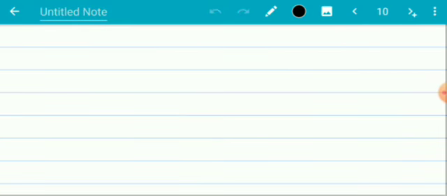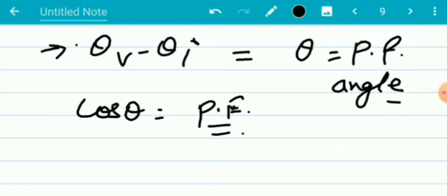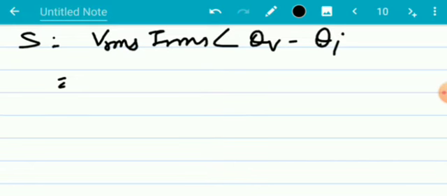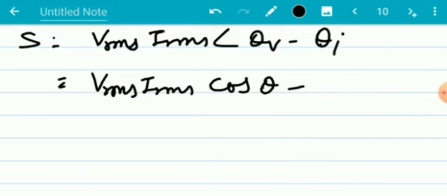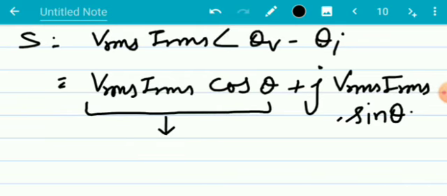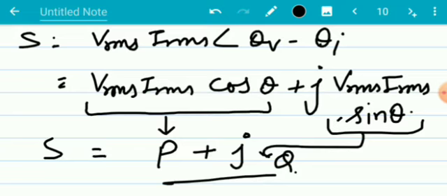Now we will come back to this equation which we wrote here about complex power, that is Vrms Irms angle theta V minus angle theta I. Further expanding this, it will be equal to Vrms Irms cos theta plus j Vrms Irms sine theta, and this is our final expression for the real power, and this is our final expression for the reactive power.